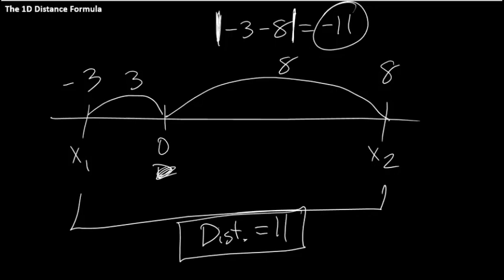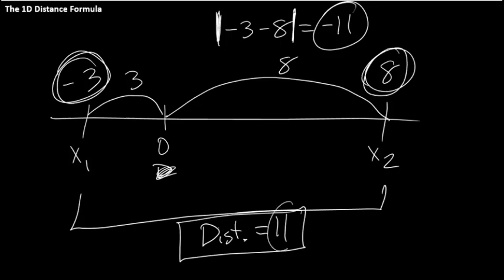I think it's like 15 miles. You just say it's about 15 miles, right? So the distance between negative 3 and 8 is simply 11. We wouldn't say that it's negative 11. We would just say it's 11.